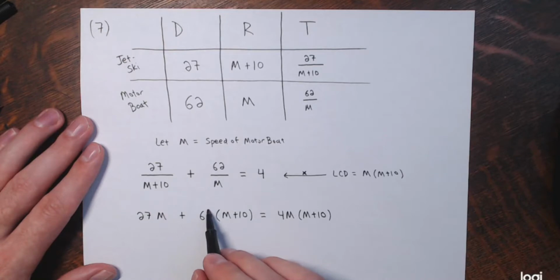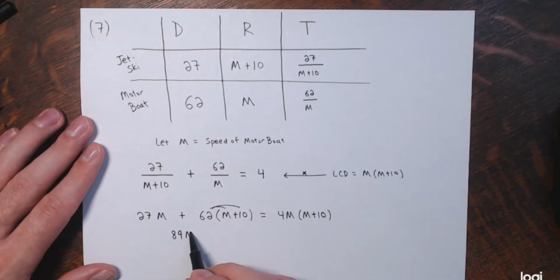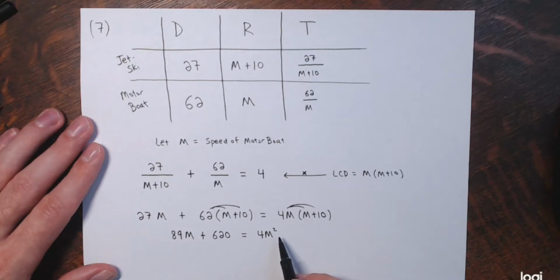Alright, distributing the 62 here, combining like terms, we have 27 and 62 at 89m plus 620 equals, distributing the 4m over here, we have 4m squared plus 40m.